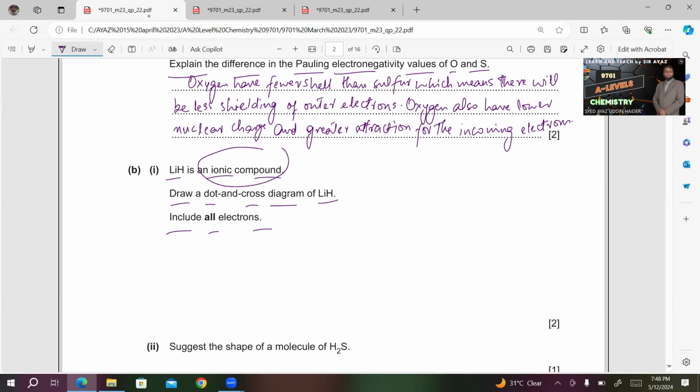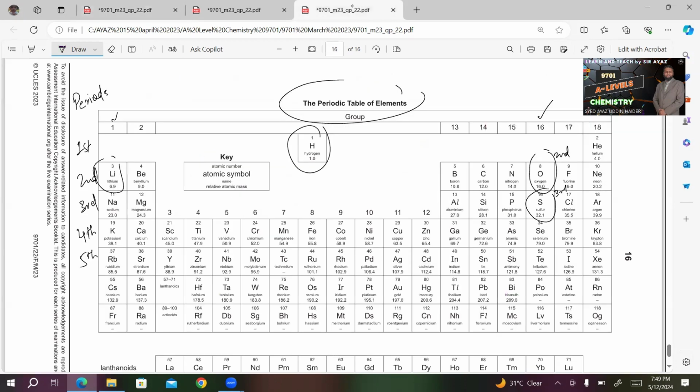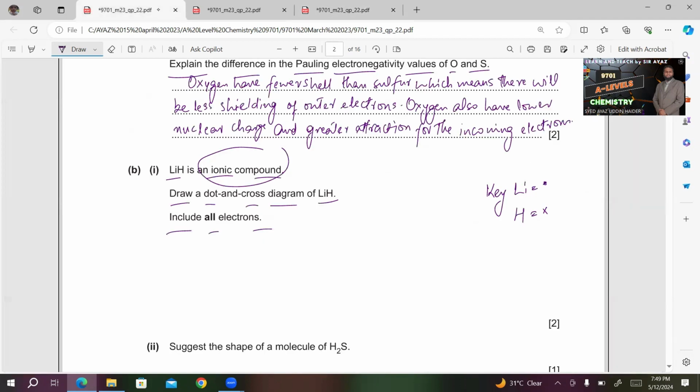So first of all, we're going to show the key. For lithium, I'm using dot. For hydrogen, I'm using cross. So lithium has 3 electrons. So it will lose 1 electron. It's a metal.